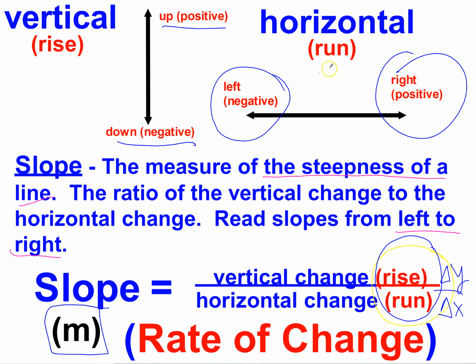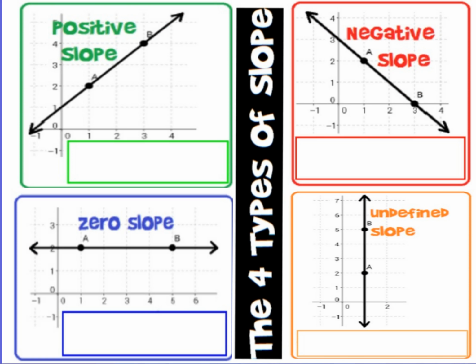So vertical change over horizontal change is rise over run. Positive slopes rise to the right. Negative slopes rise to the left.